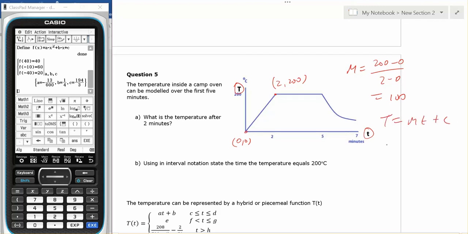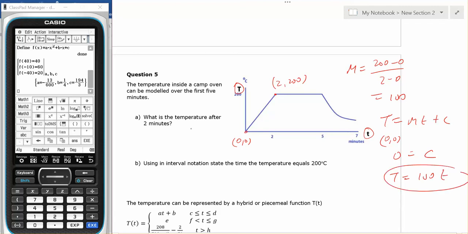So I'll sub in 0, 0. When t equals 0, T equals 0 as well, so c equals 0. So your equation for T would be 100t. So big T is 100t.